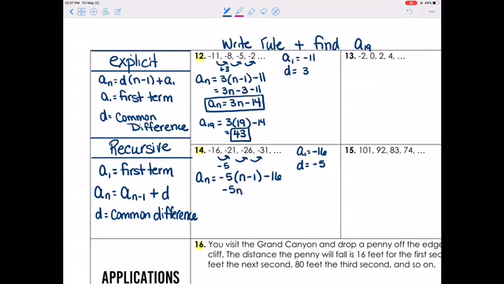Notice that when you multiply negative 5 times negative 1, it becomes positive 5. And then because the signs are different, we end up subtracting. So we get negative 5n minus 11. So that would give us our equation. Then to find the 19th term, we plug 19 in for n and evaluate. We get negative 106.